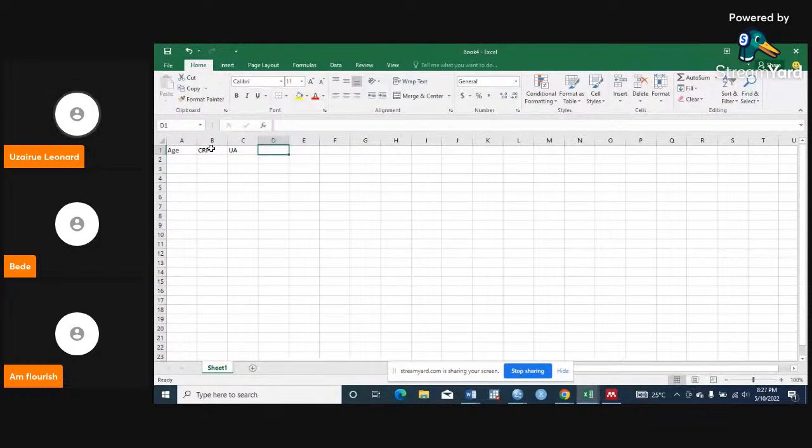Which other parameter did you take? It's just C-reactive protein and uric acid.